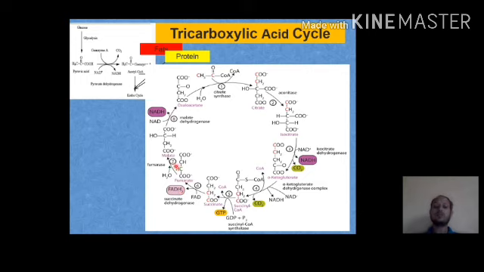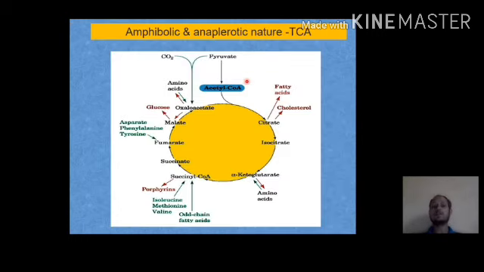Fumarate is converted to malate by an addition of water by the enzyme fumarase, and malate is again converted to oxaloacetate with formation of NADH by malate dehydrogenase. Oxaloacetate so formed is once again available to combine with another incoming molecule of acetyl-CoA and continue the cycle.